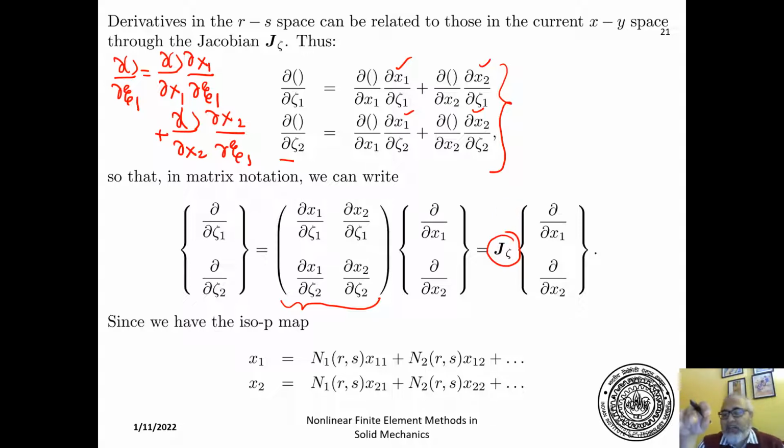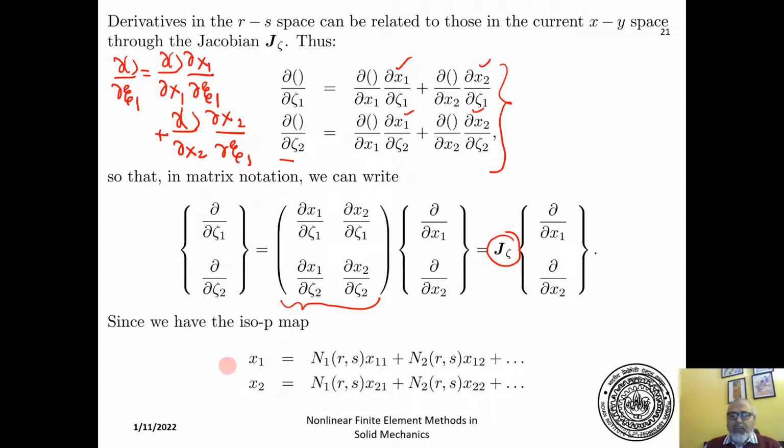We will encounter a different kind of Jacobian later. So to distinguish it from that, we will denote it by this J zeta, which is the isoparametric Jacobian that maps from the parent to the physical space. So this Jacobian connects the derivatives in the parent space to the derivatives in the physical space.